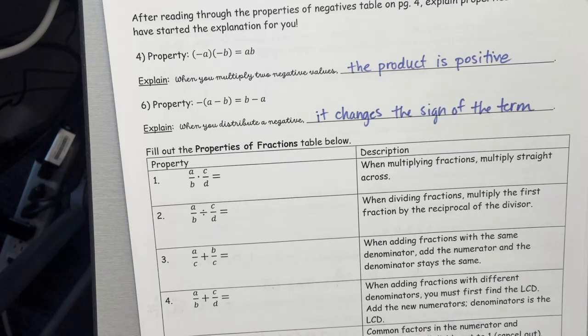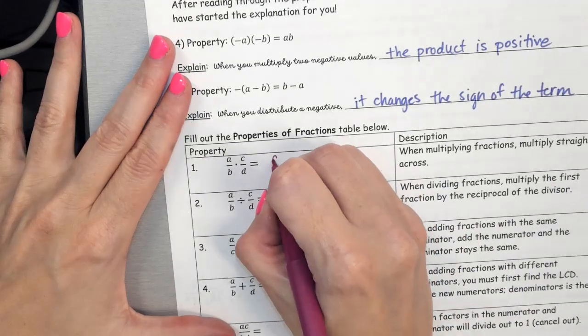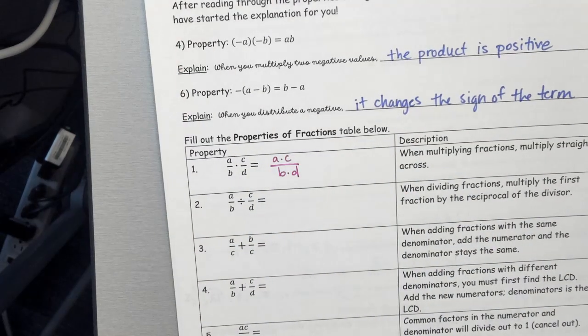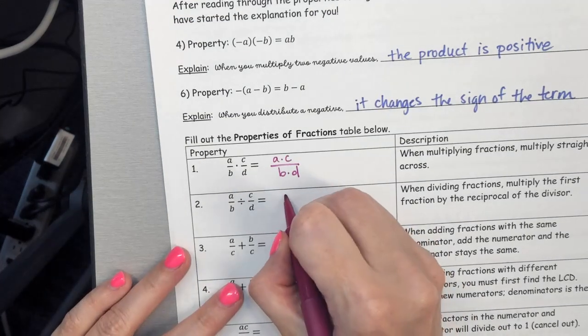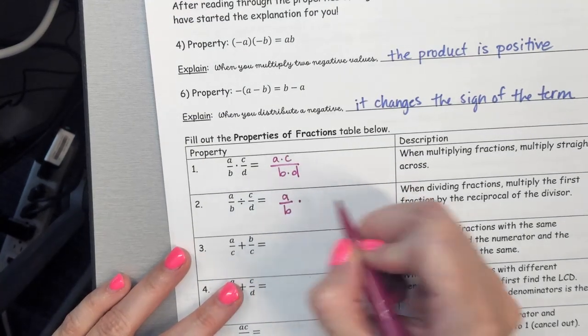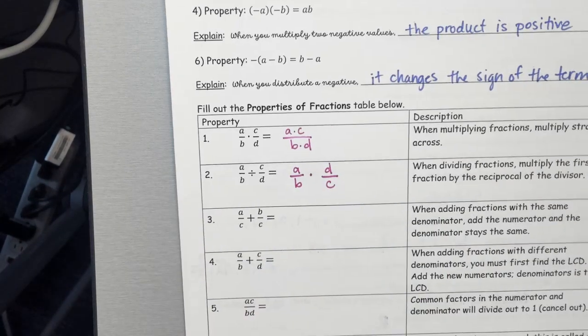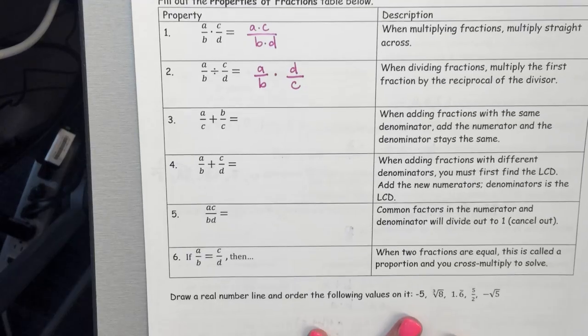The first one is just multiplying fractions. We multiply straight across, so it's A times C over B times D. When you are dividing fractions, you keep the first one the same, you change it to multiply, you multiply by the reciprocal, or you can think of it as keep, change, flip.